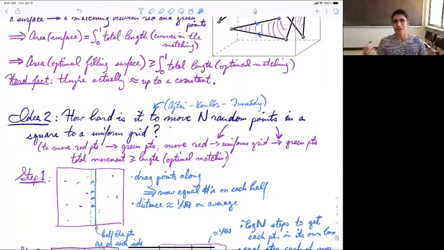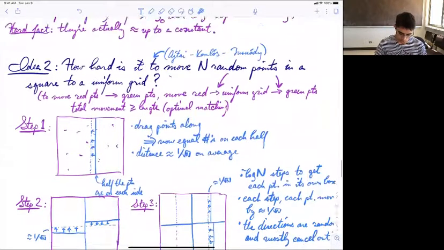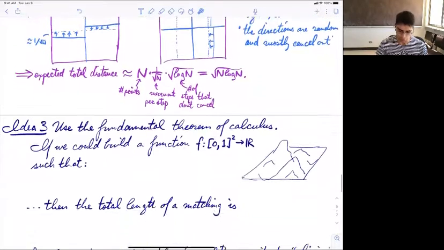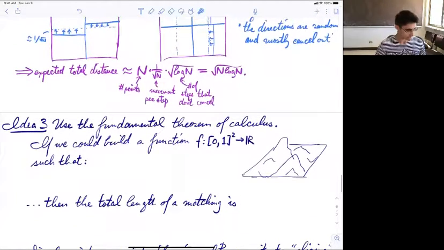And so that seems hard, right? So in order to get an upper bound on the length of an optimal matching, we just had to find a matching, right? But how do we say, okay, no matching can be better than whatever? That seems hard. And so it turns out what you want to do is to use the fundamental theorem of calculus.